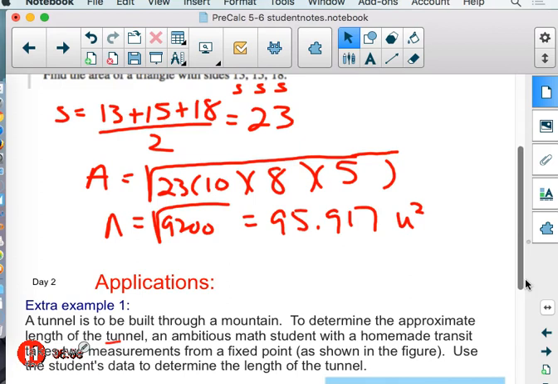Side, side, angle, angle, angle, side, and that's the new one for cosine. Angle, side, angle. So side, side, angle, angle, angle, side, and angle, side, angle.